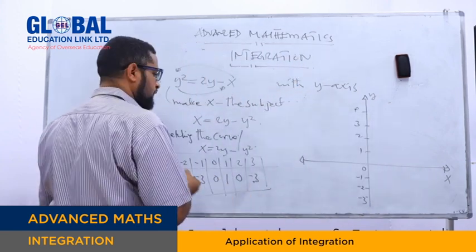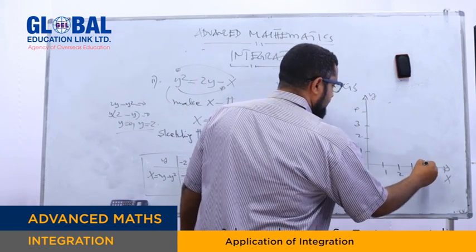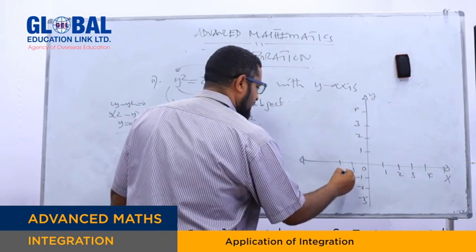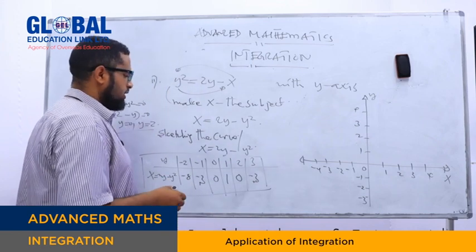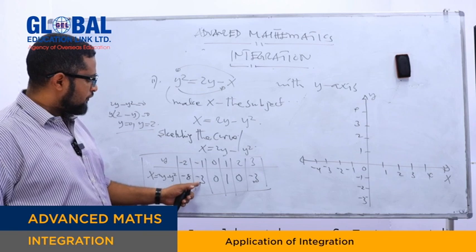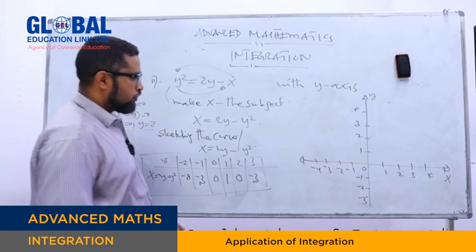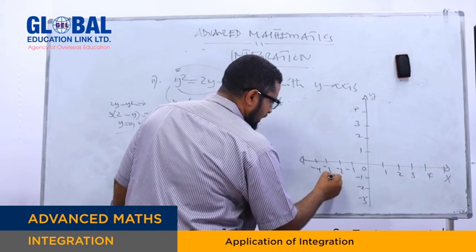In the case of x, we also have negative and positive numbers. So we start with when y is equal to negative 1, our x is negative 3.